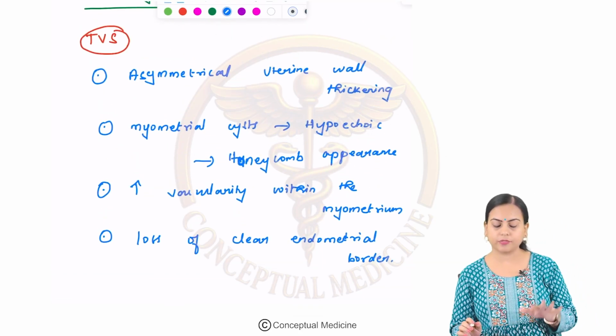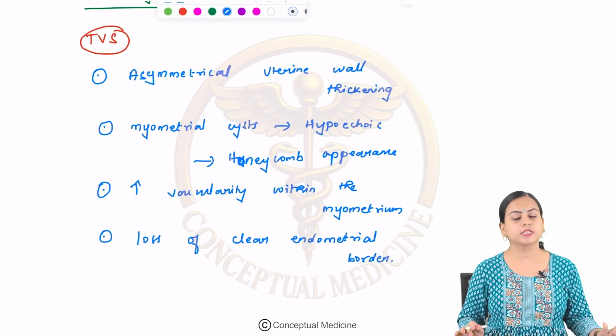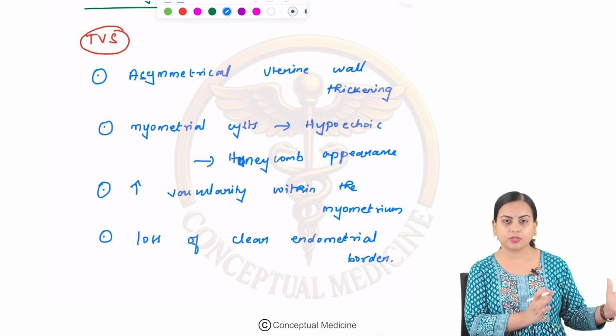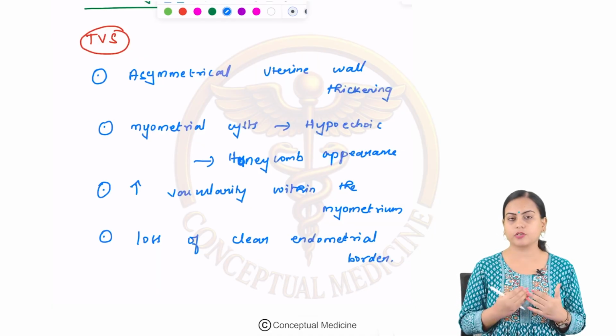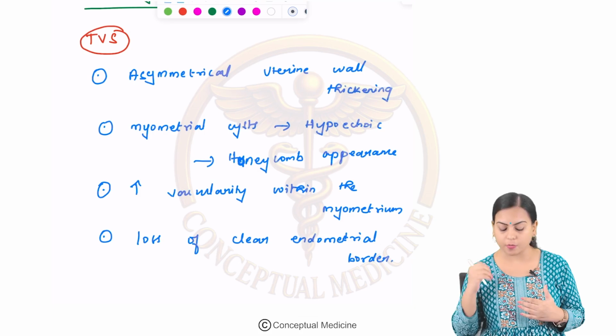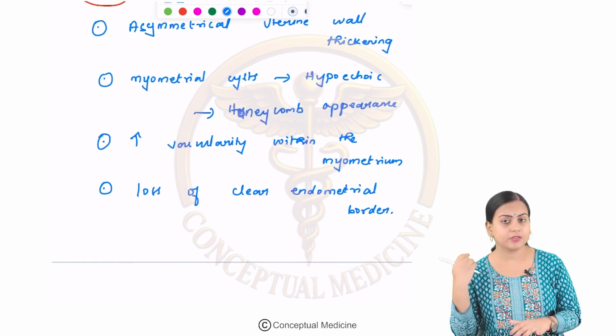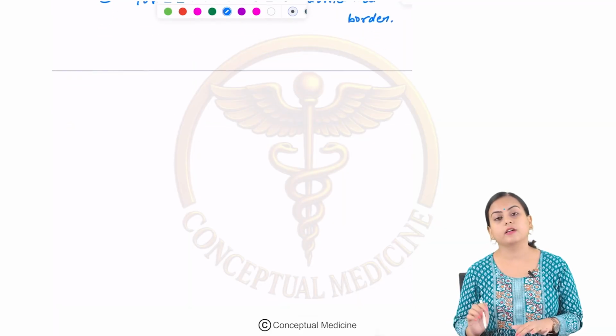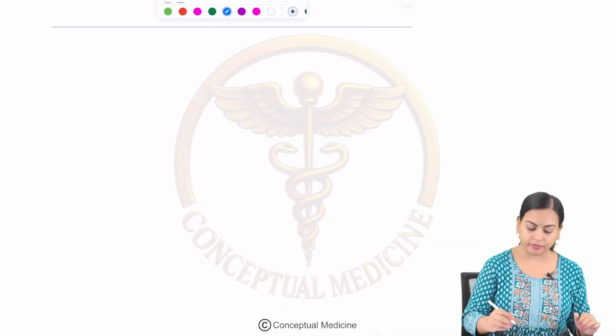Okay, so these are some of the features that you will be able to see via TVS in adenomyosis. Asymmetrical uterine wall thickening, hypoechoic myometrial cysts giving a honeycomb appearance, increased vascularity within the myometrium, and loss of clear endometrial border, right?